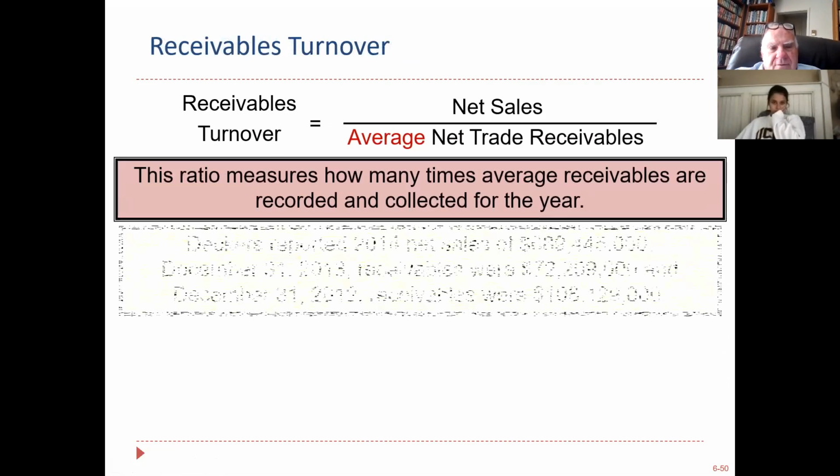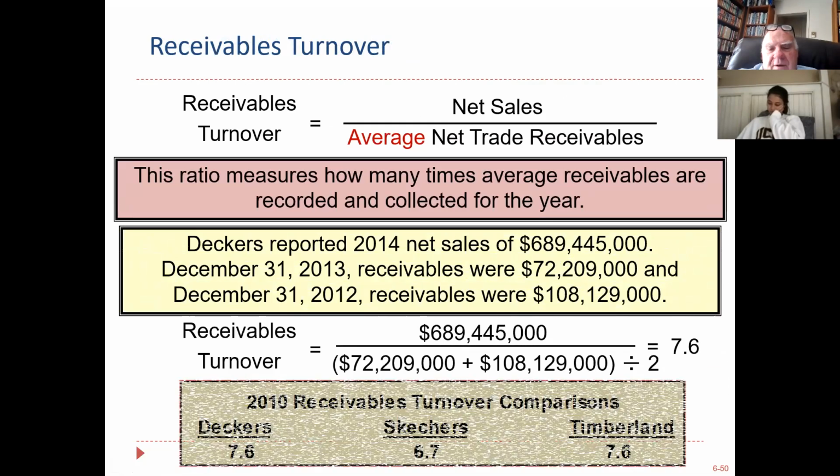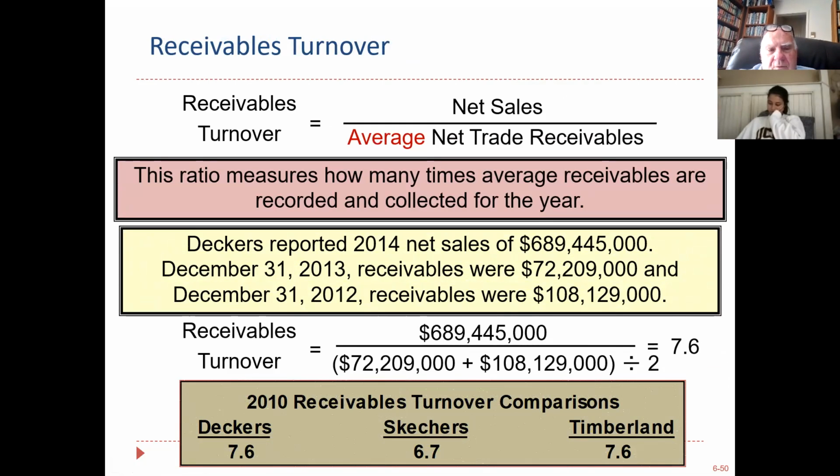A little better, actually. And now we come to something you're going to do in about a week. The receivables turnover. This is a busy chapter, huh? We're getting toward the end, though. Okay. The receivables turnover. Companies want to know how fast they're collecting their money. The faster, the better.